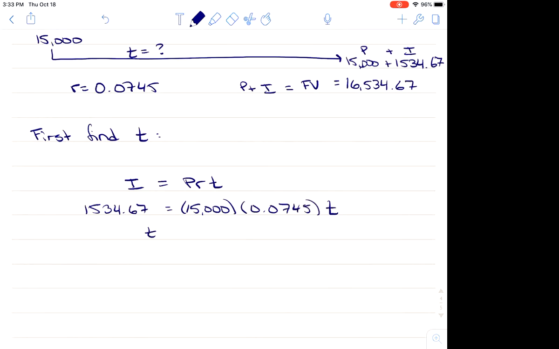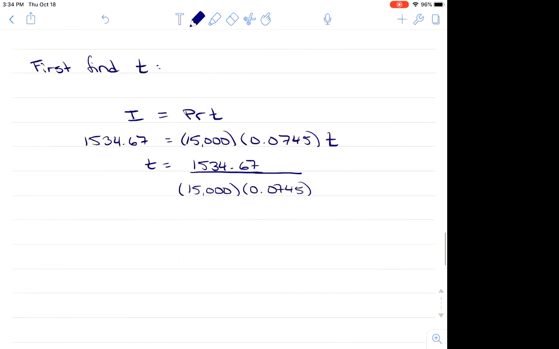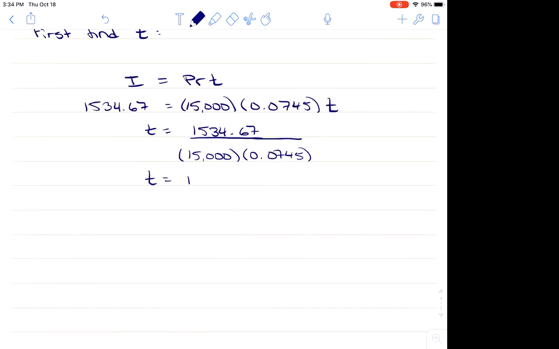So T is 1,534.67 divided by 15,000 times 0.0745. So T must be 1,534.67 divided by 1,117.50.